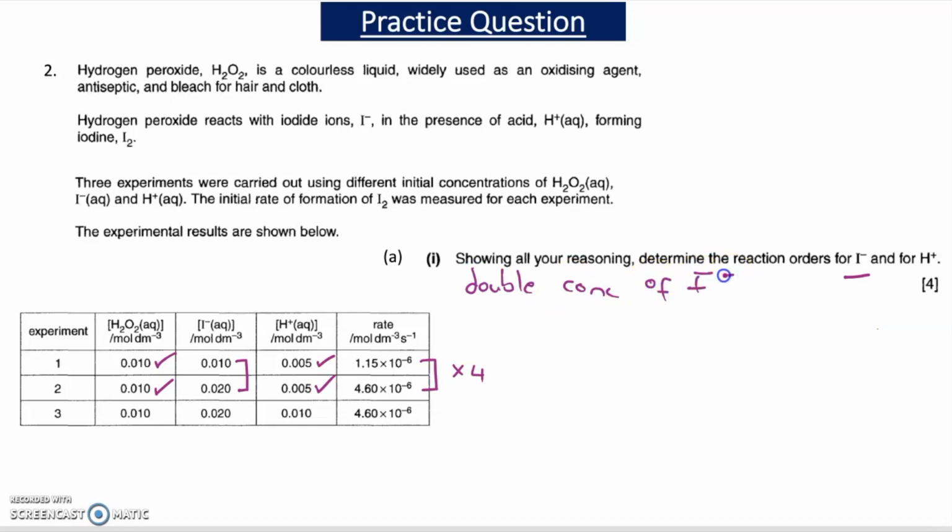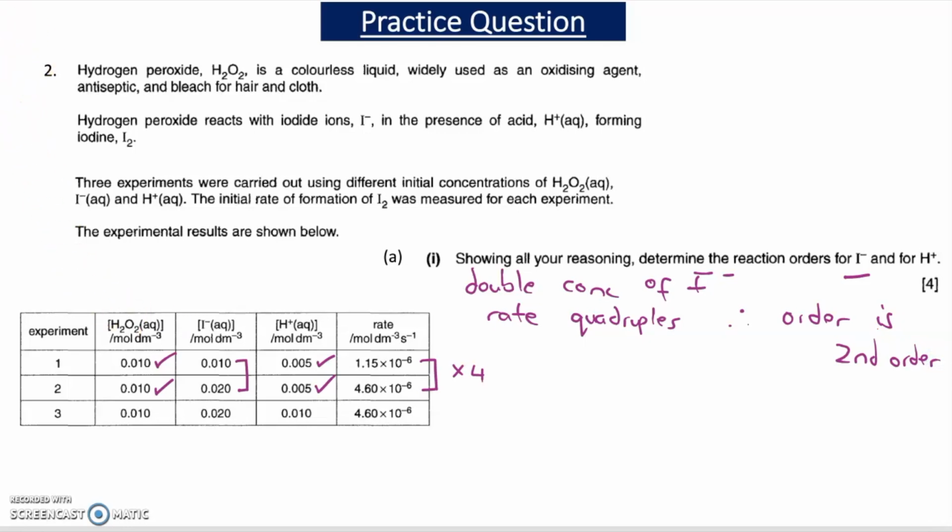Now when I double the concentration of iodide ions, the rate quadruples. It times is by 4. So therefore I can conclude that it's second order with respect to the iodide concentration.